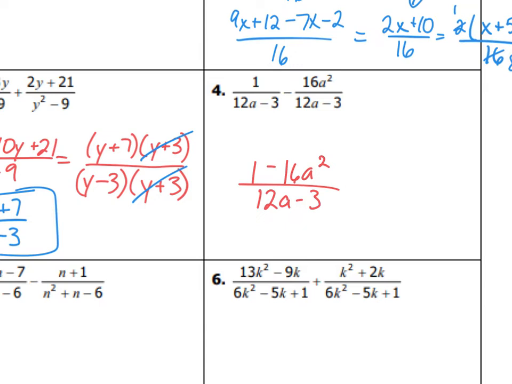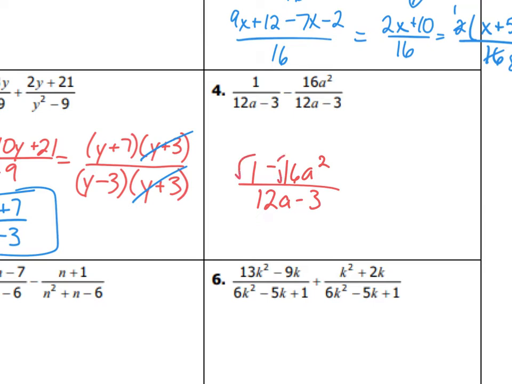Will that simplify further? Yes. Do they have a GCF first off? No GCF, but can't I do what? You can square root them, can't you? Yeah, I can square root them. What do we call that? Difference of squares. We have a subtraction sign. We have 2 perfect squares, right?